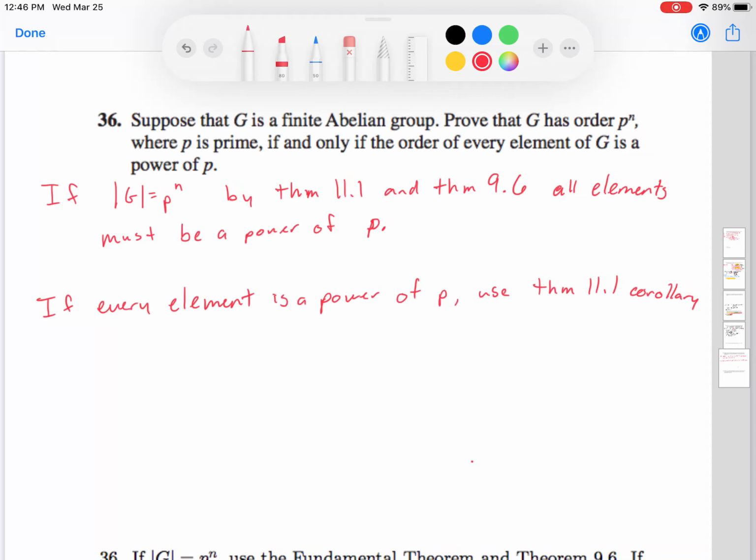And we can look at external direct products of our group. And G can be written by taking an element of maximal order from each.